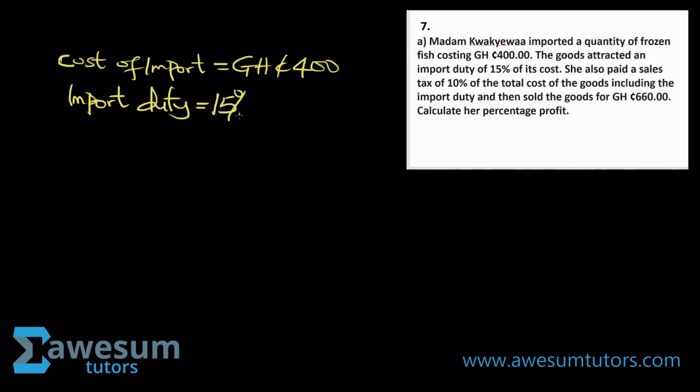How do we calculate the import duty? We know that the cost of importing the frozen fish is 400, and we have been told that the import duty is going to be 15% of this cost.